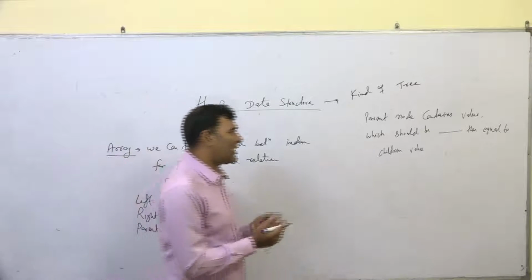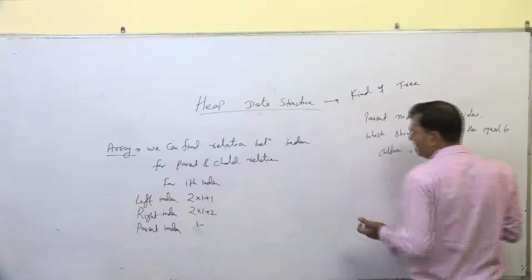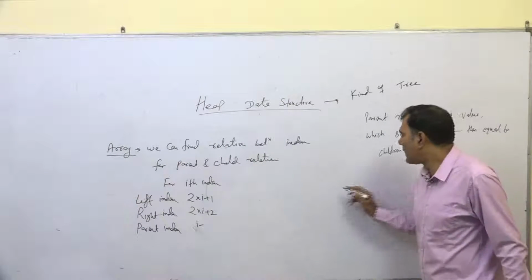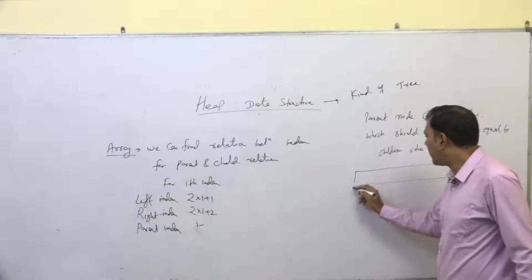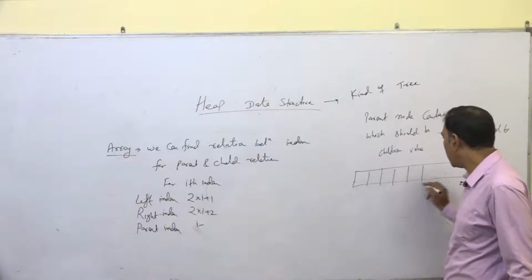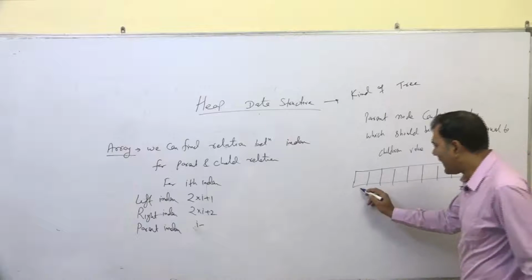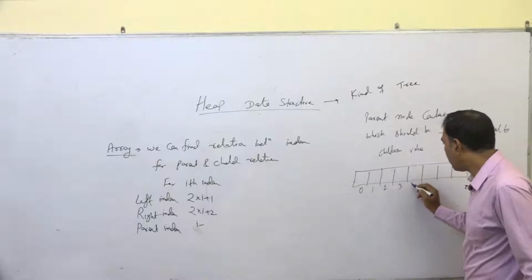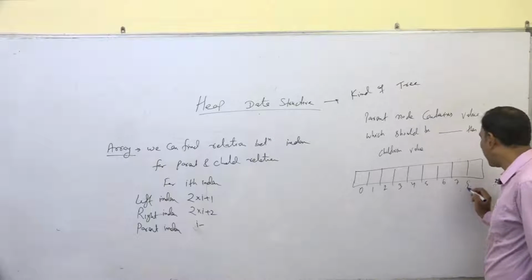Let me explain. Let us say we have an array having some elements, with index 0, 1, 2, 3, 4, 5, 6, 7, 8.